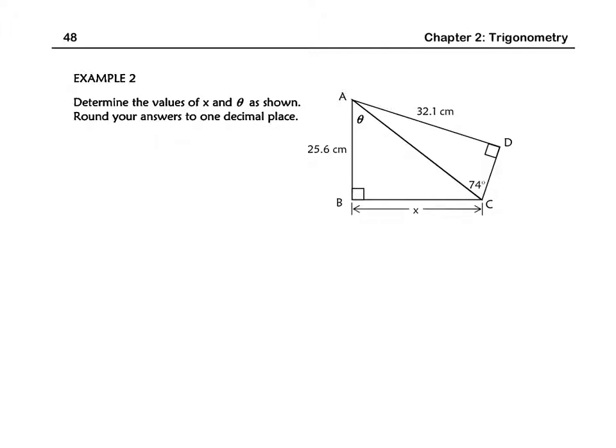Okay, example 2 has a right triangle with another right triangle attached to its hypotenuse, and you're asked to find the values of both x and theta. If we look at triangle ABC, which contains both side x and angle theta, we don't have a whole lot of information apart from the 90-degree angle and the 25.6 side. We don't have two sides, we don't have two angles, we really don't have enough to use any of the trig ratios or the Pythagorean theorem.